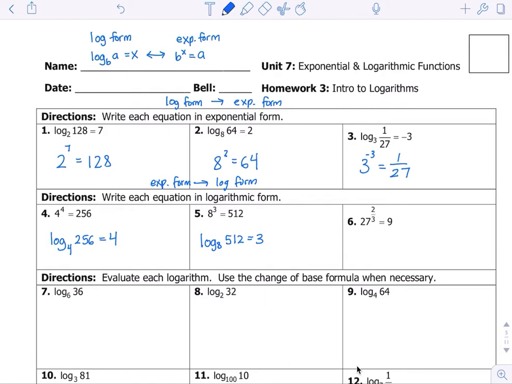Number 6, you have log of the base, which is that, so 27, to the argument, which is 9, and that's going to equal the power, which is 2/3. So that's just some good practice from log form to exponential and exponential to log form.